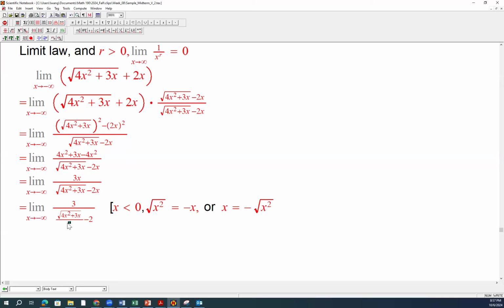So here, we're going to substitute x by negative root x squared.